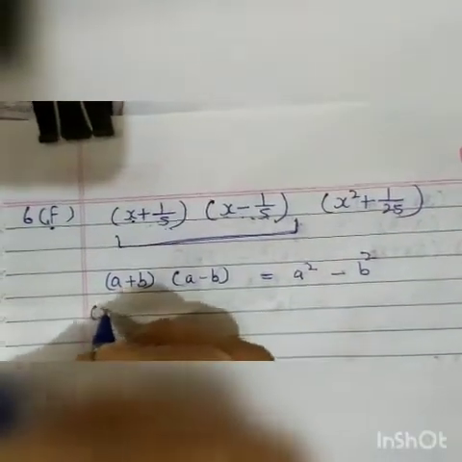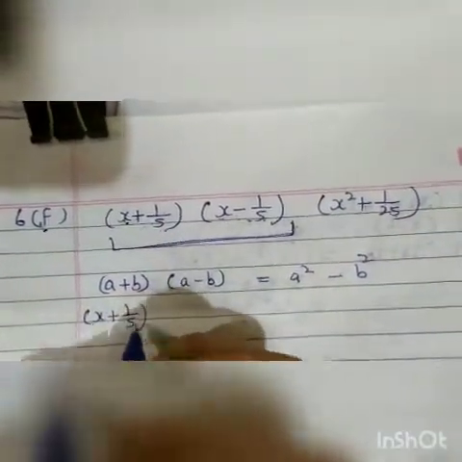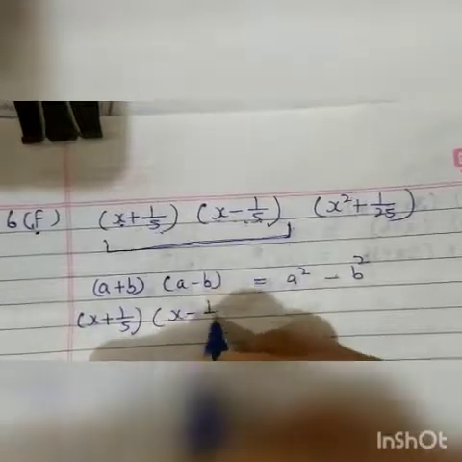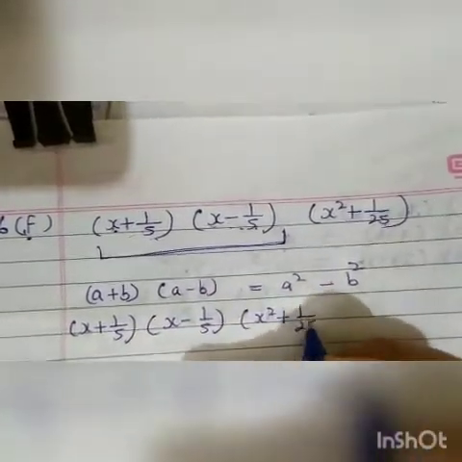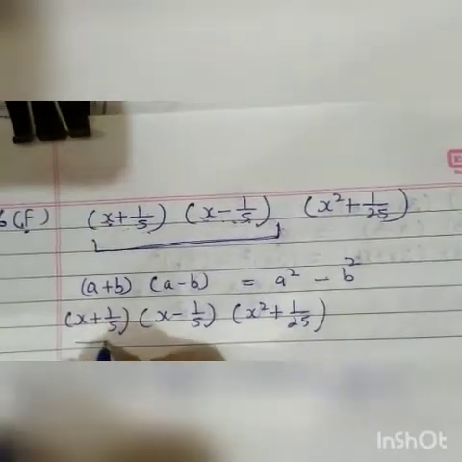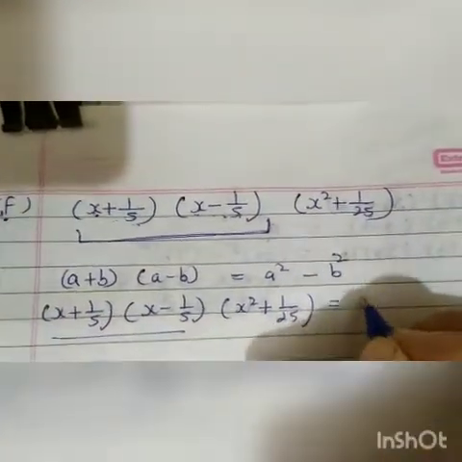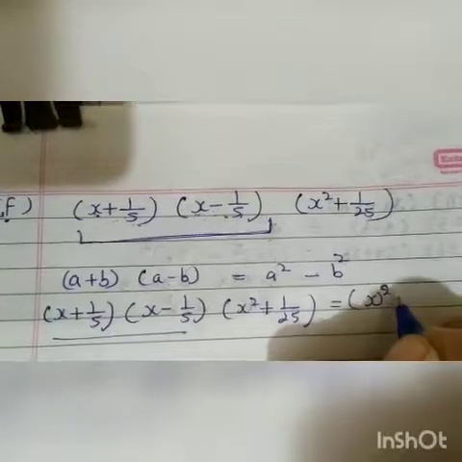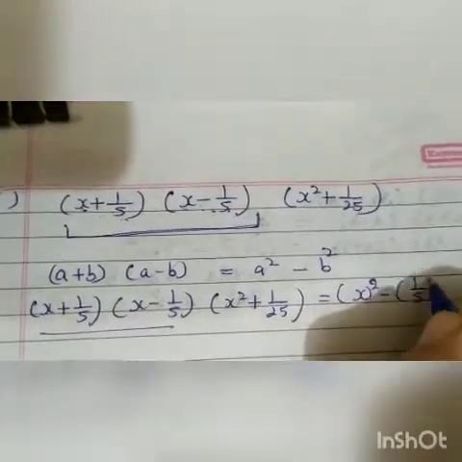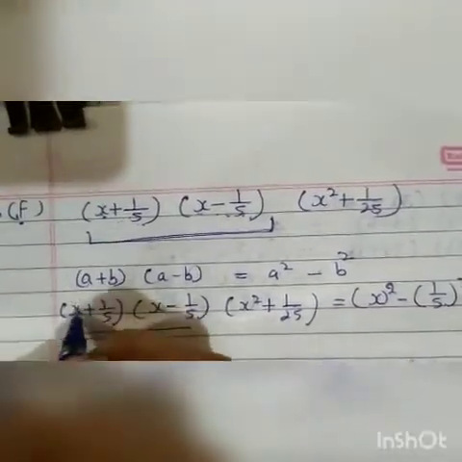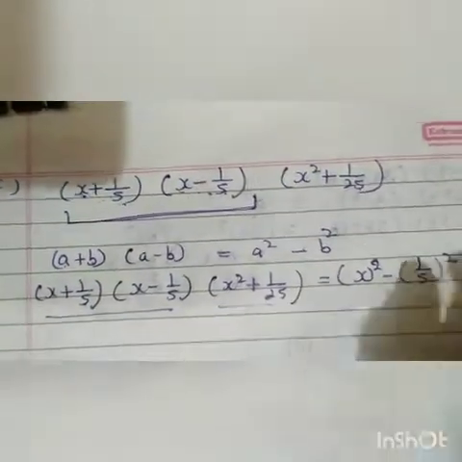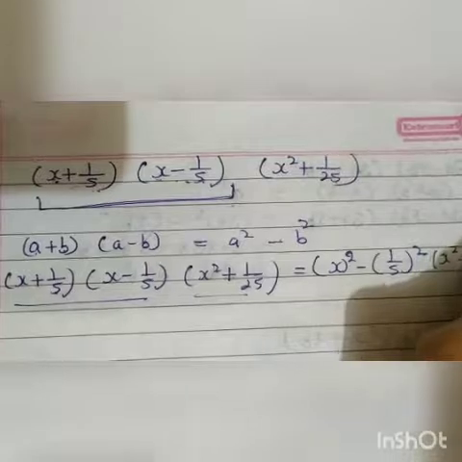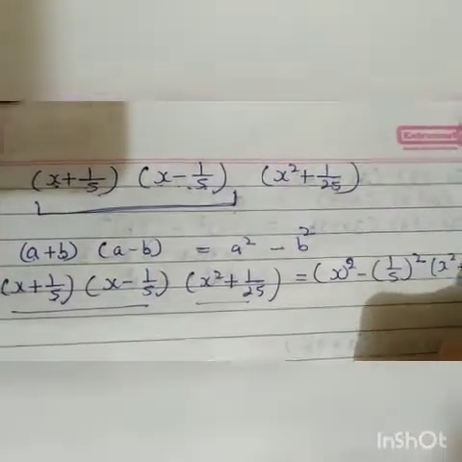Now we will write the question: x plus 1 upon 5, x minus 1 upon 5, then x square plus 1 upon 25. So when we solve these 2 terms, it will be x whole square minus (1 upon 5) whole square, because the first term is x and the second term is 1 upon 5. And write this third bracket as it is here, x square plus 1 upon 25.